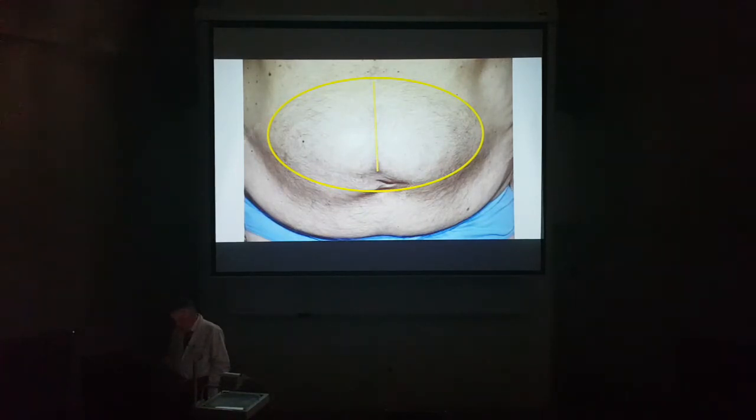This person had an operation some time ago and because of either bad suturing, bad knowledge of the person suturing, or because of increased intra-abdominal pressure, the wound gave way and contents of the abdomen went through the abdominal wall under the skin. So this is called incisional hernia.